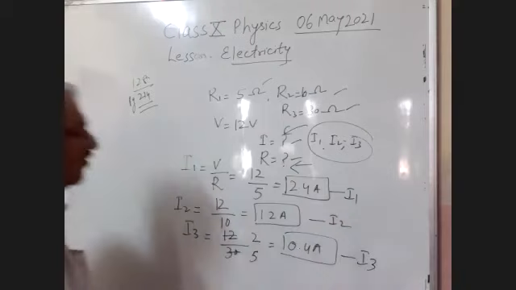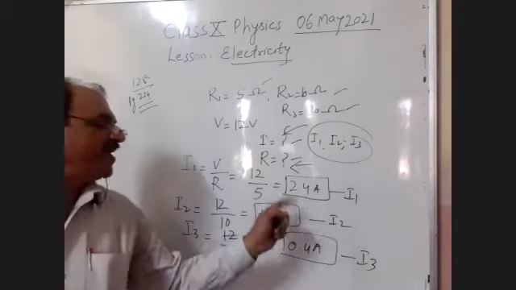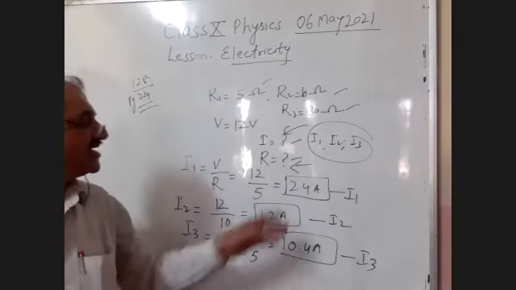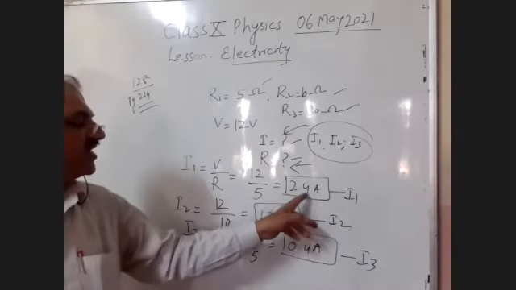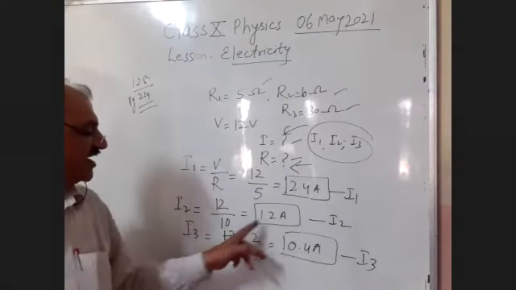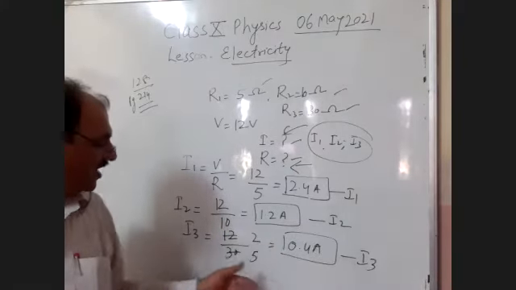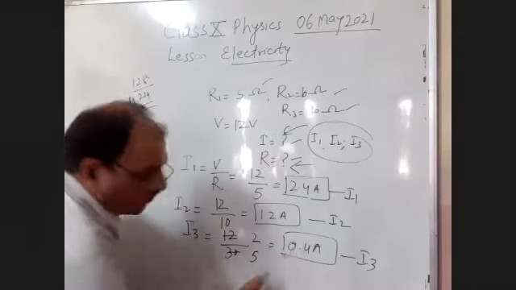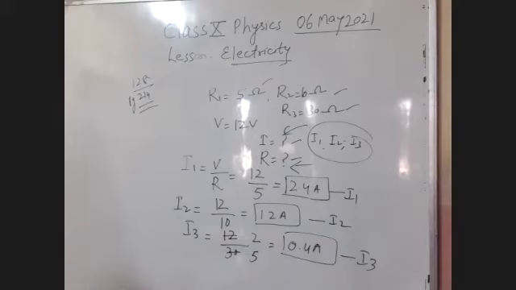The first part is the current through each individual resistance: across 5 ohm it is 2.4 ampere, across 10 ohm it is 1.2 ampere, across 30 ohm it is 0.4 ampere. Is it clear, students?